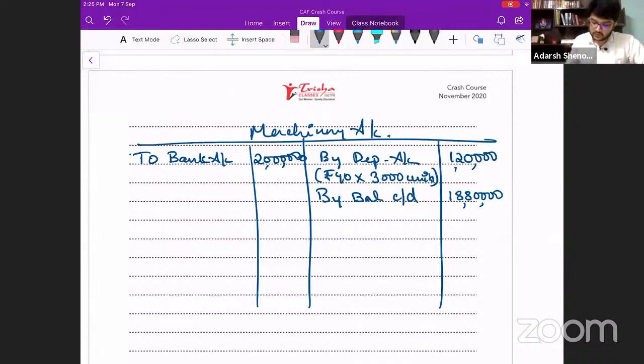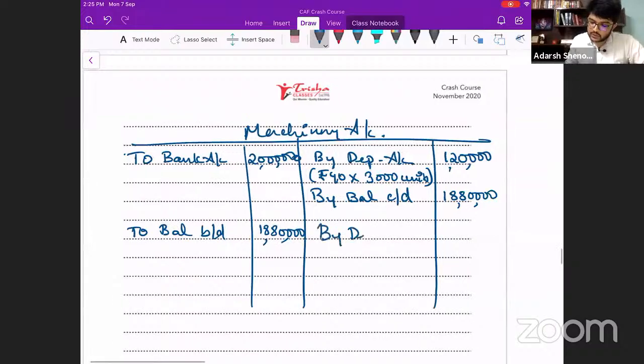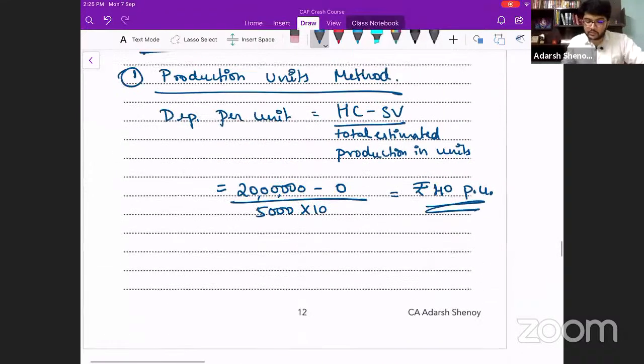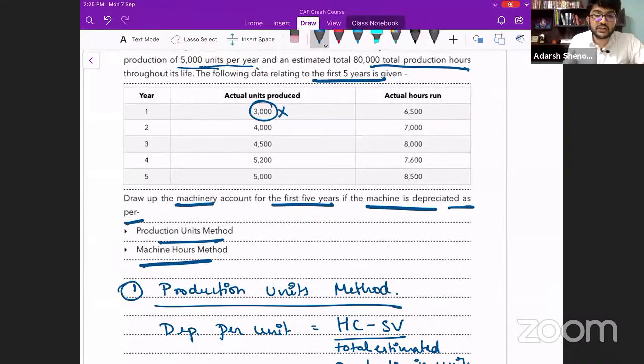18,80,000. This is the book value. To balance brought down 18,80,000. Can you tell me the depreciation for the second year? Rupees 40 per unit. How many units are produced in the second year? 4,000. So 4,000 into 40 rupees.